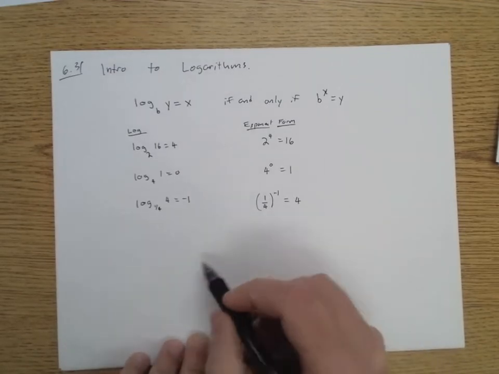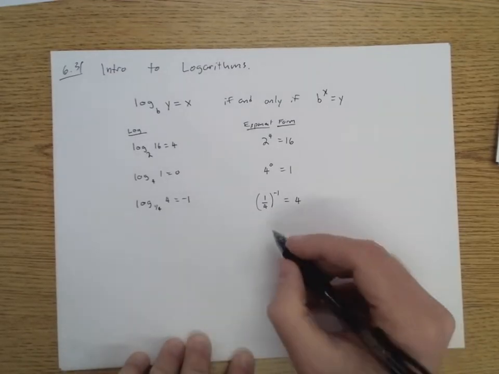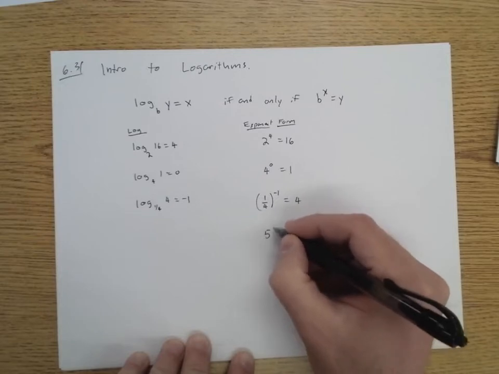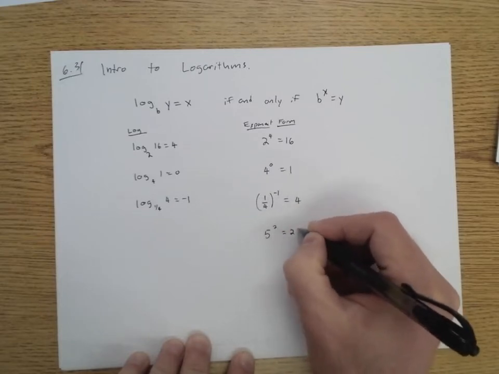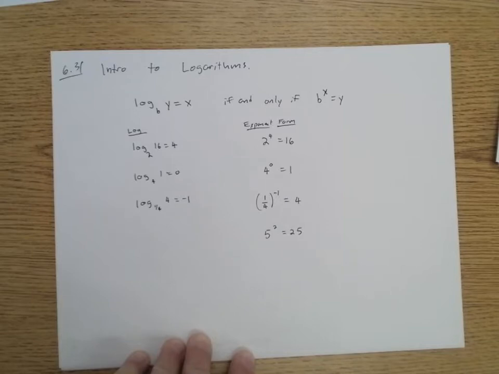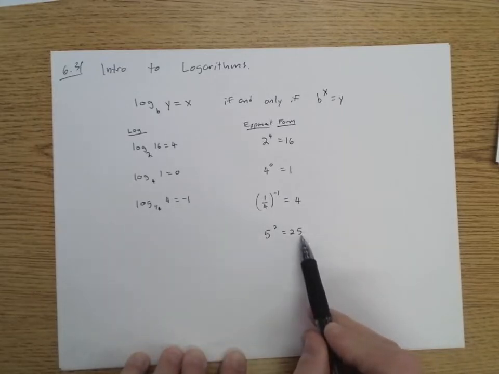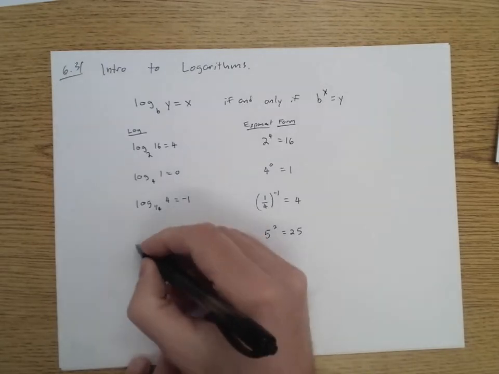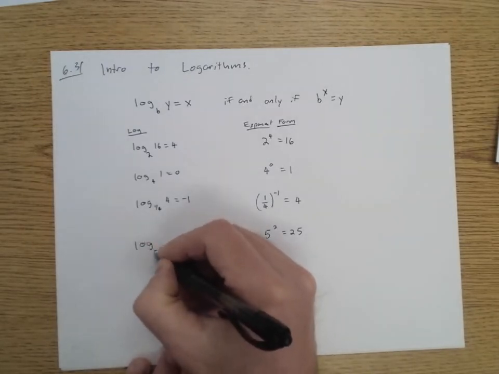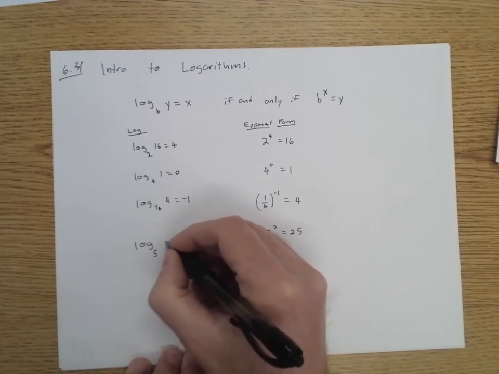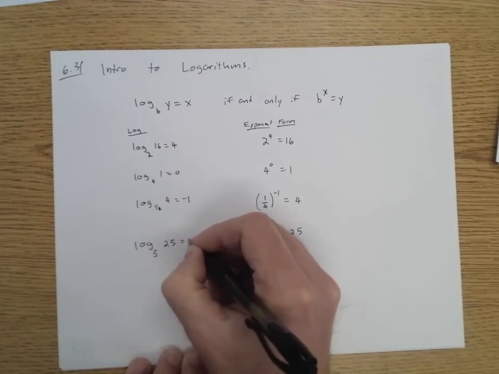Okay. Now let's work the other way. If we start with something in exponent form, 5 squared equals 25, then when we rewrite that in log form, the base of this function is 5. So it's log base 5 of 25 equals 2.